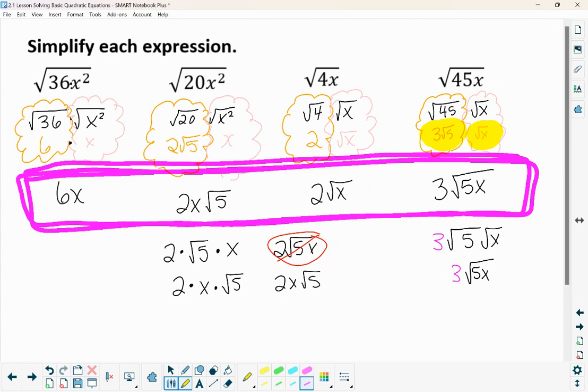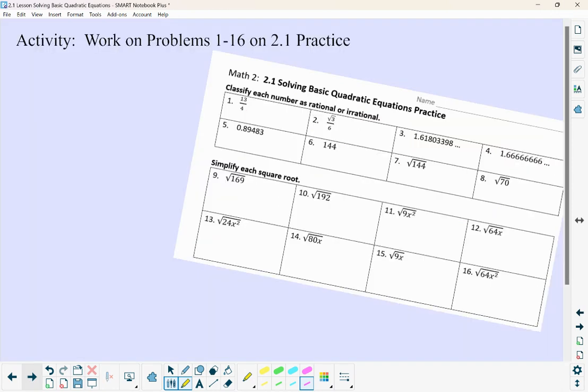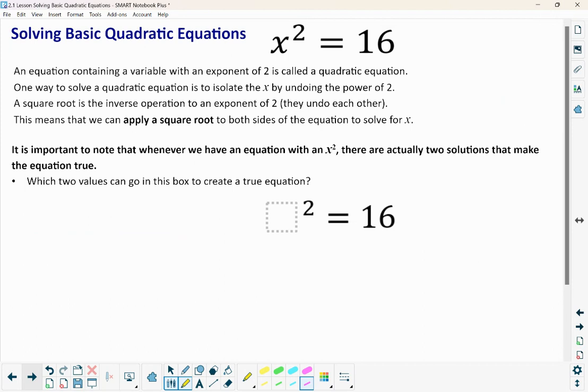The numbers can all come out of the root, or some numbers can stay behind. Any possibility here, just depending on what you're simplifying. So maybe try some of those on your own, see how you're doing, and I'm just going to proceed on with the video.